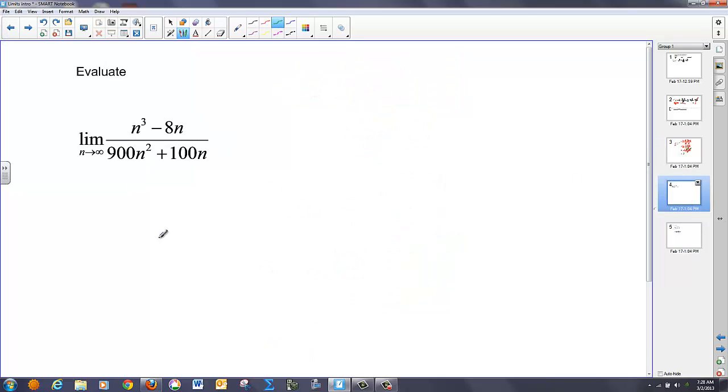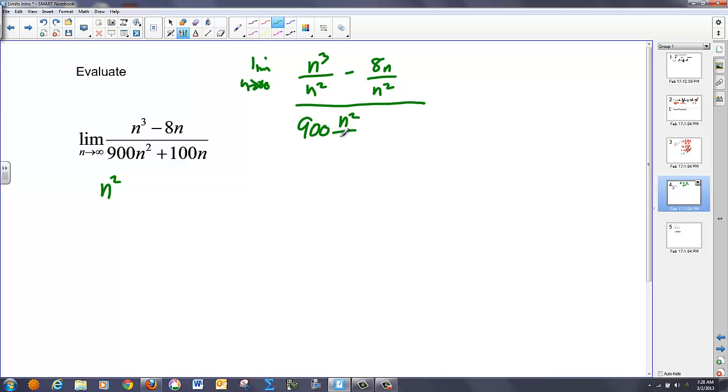Now in this case, we have once again polynomial on top, polynomial on bottom. We see our greatest degree in the denominator is n squared. I'm going to divide everything by that. So we'll say the limit as n goes to infinity of n cubed over n squared minus 8n over n squared over 900 n squared over n squared plus 100 n over n squared.